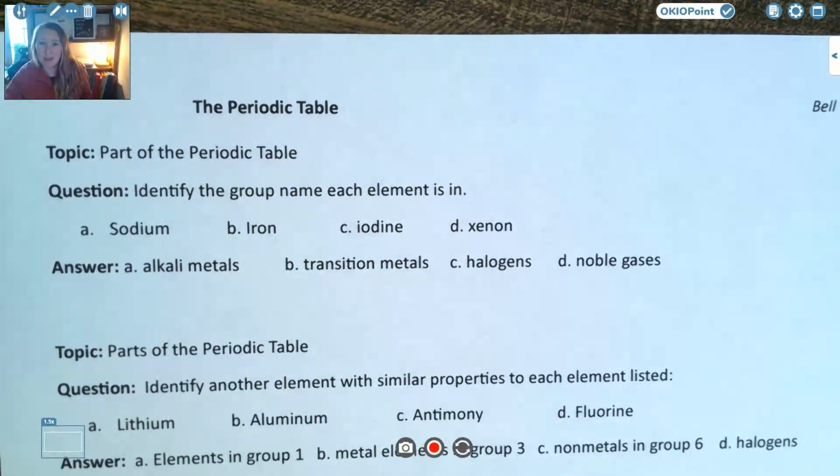So you might be thinking, if you're new around here, why should I start with Bellwork? Well, there are 3 big reasons why you should start with Bellwork every day. 1, it engages your students right away. It helps them transition into learning mode from whatever class they came from before. 2, it helps you identify misconceptions early. While they're working on it, you are walking around the room, checking in with students, taking attendance, and you are able to see this person knows how to do it, this person is struggling.